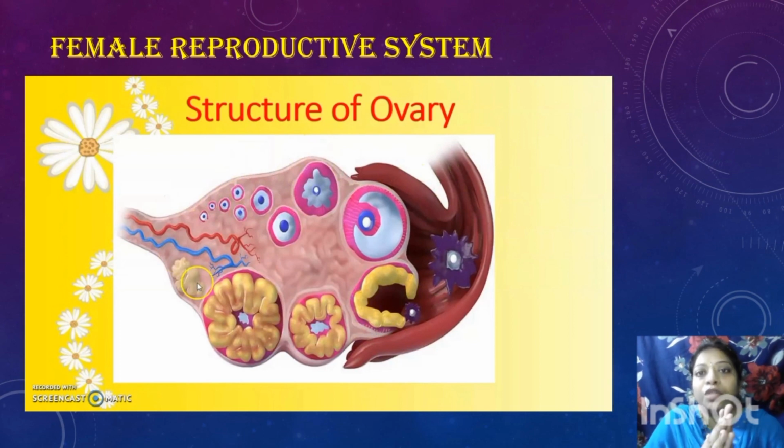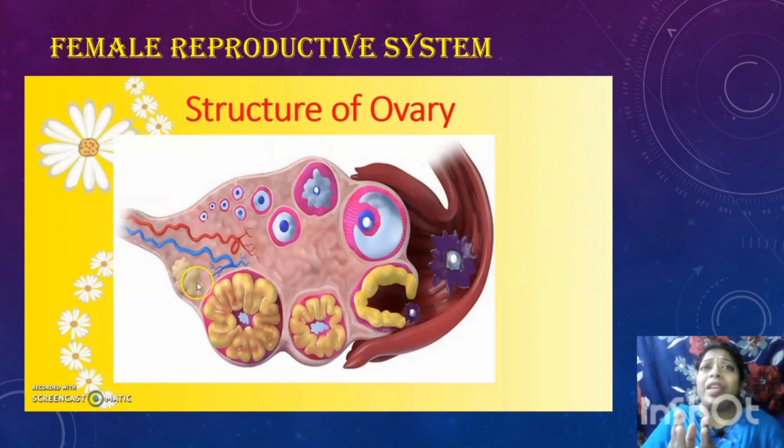The important female hormone is estrogen, because estrogen helps in the process of puberty, especially in the process of menstruation. And progesterone is another female hormone.